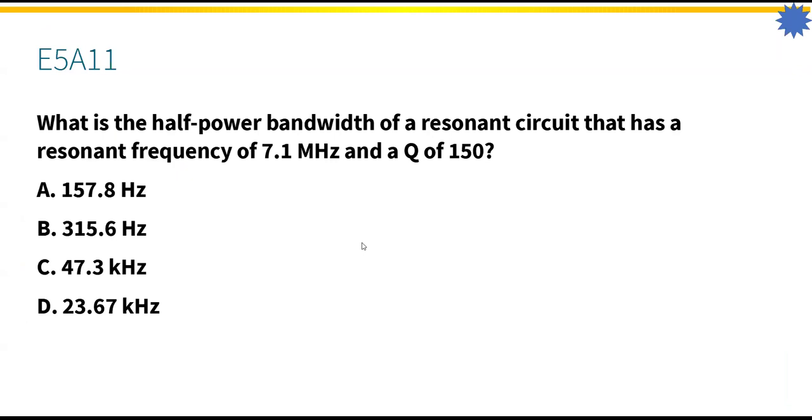So increasing Q decreases the bandwidth. So what's the half power bandwidth of a resonant circuit that has a resonant frequency of 7.1 megahertz and a Q of 150? You do that in your head.